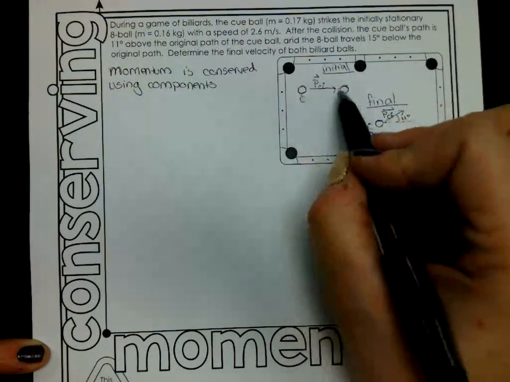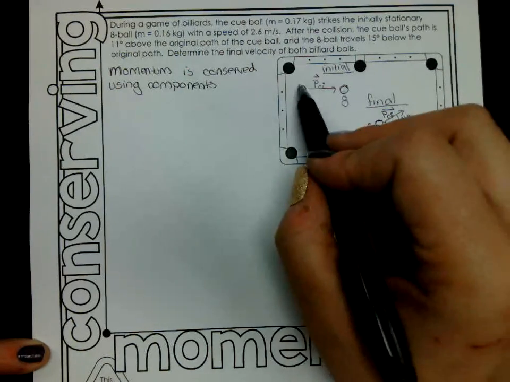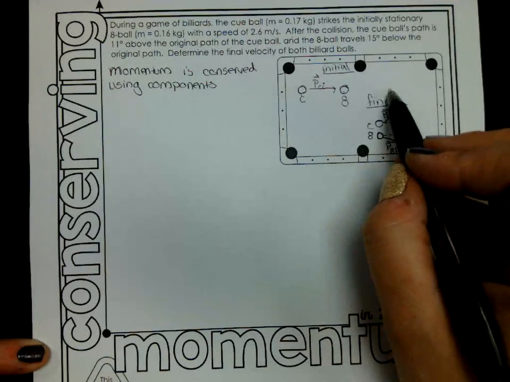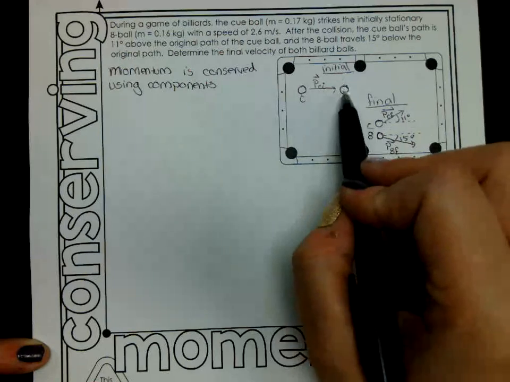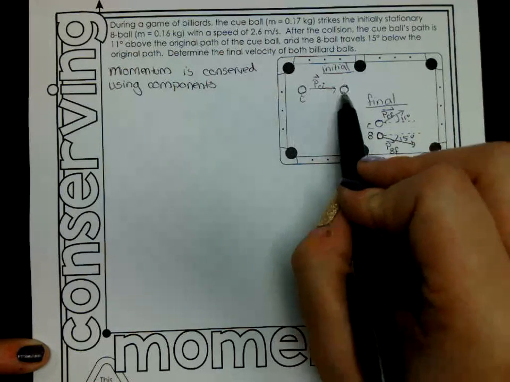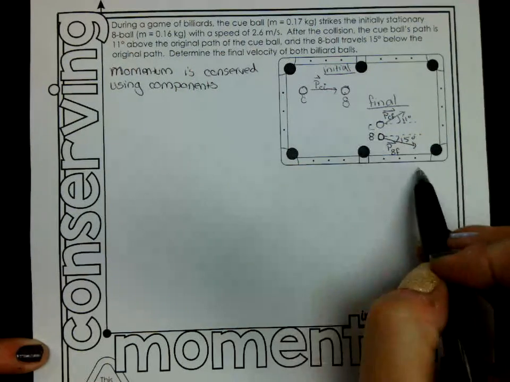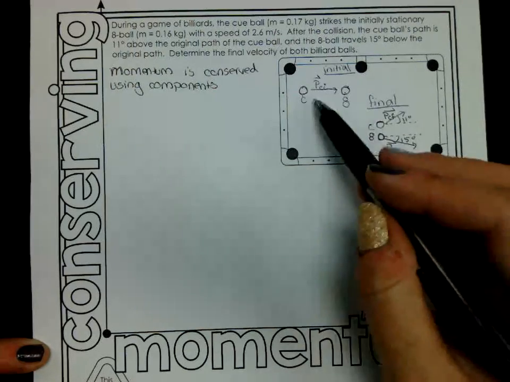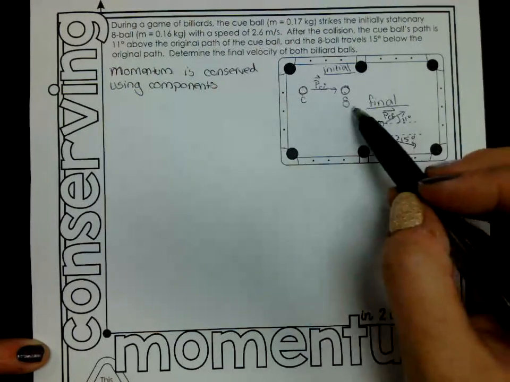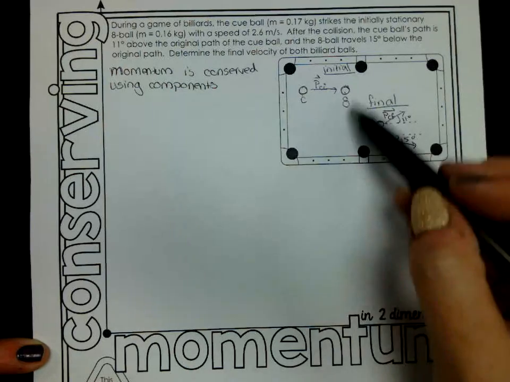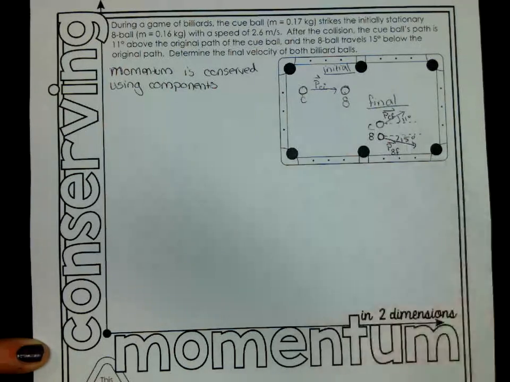It transferred some of its momentum to the 8 ball, and we're not traveling in a straight line anymore. This is more realistic because when the cue ball hits the 8 ball, the cue ball still travels, the 8 ball starts to travel, and they travel in different directions. Pool is the best way to visualize this because when you hit pool balls, you use the cue ball to send them off at different angles.